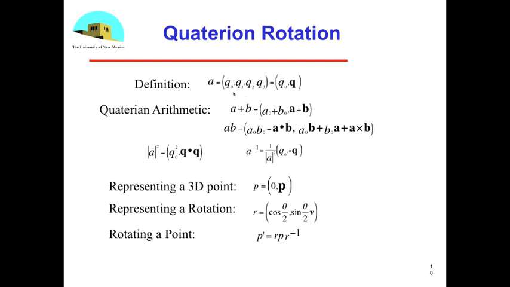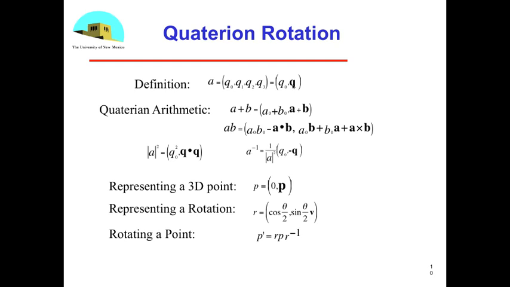The scalar part is this first component Q0, and then we can think of a vector that's composed of the other 3 components. So we write it as Q0, bold Q, where these are the components in these 3 imaginary directions. As last time, we wrote it as i, j, and k.